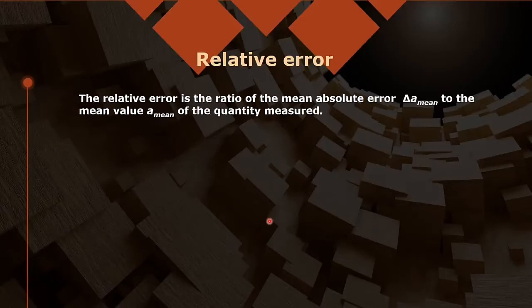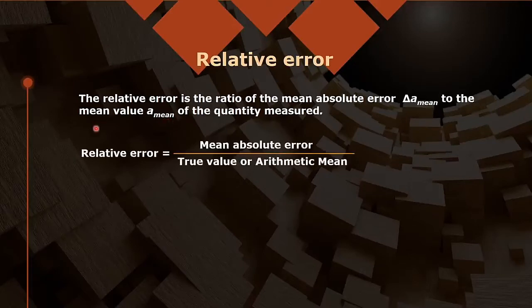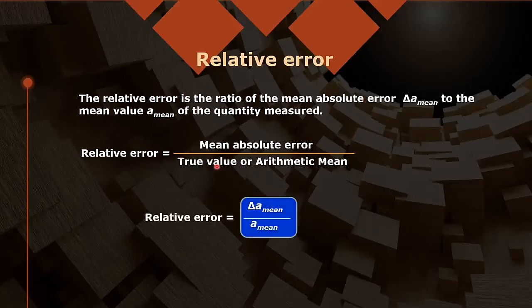The relative error is equal to the ratio of the absolute error to the true value, or if the true value is not given, the mean value is taken as the true value. So relative error is the ratio of the mean absolute error to the true value or arithmetic mean. Mathematically, the formula is delta A mean divided by the true value.